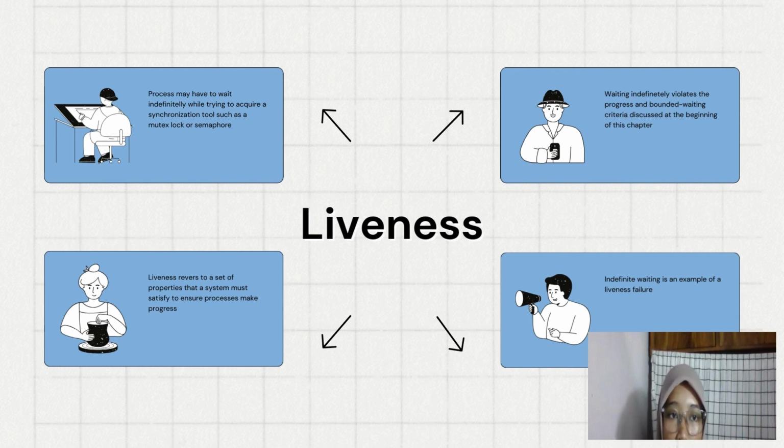Waiting indefinitely violates the progress and bounded waiting criteria discussed at the beginning of this chapter. Liveness refers to a set of properties that a system must satisfy to ensure processes make progress. Indefinite waiting is an example of a liveness failure.